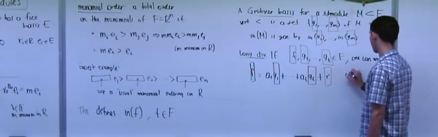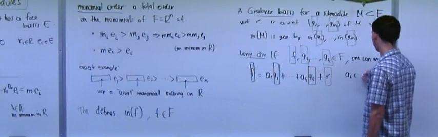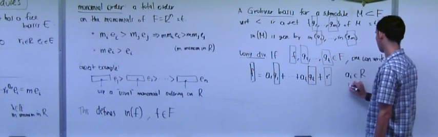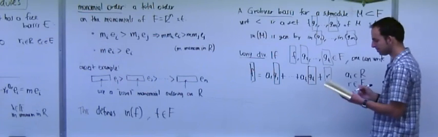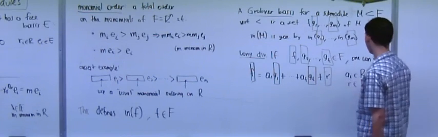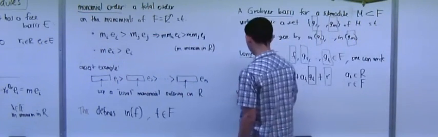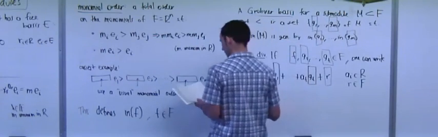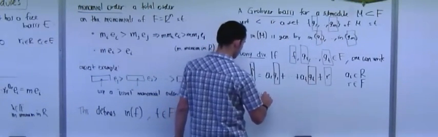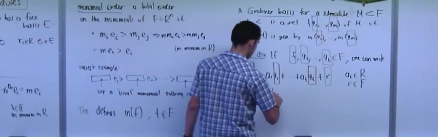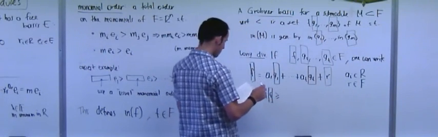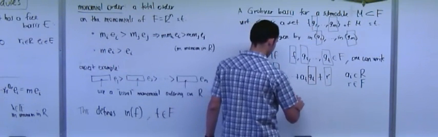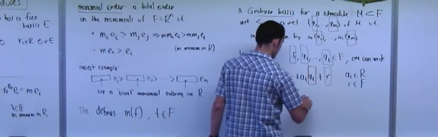So the A_i's are polynomials, but R is the remainder, which is a vector. Okay? And the property is that the initial term of f is greater than or equal to the initial term of a_i times g_i.